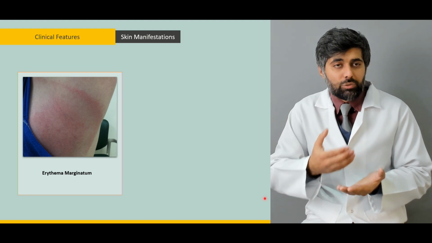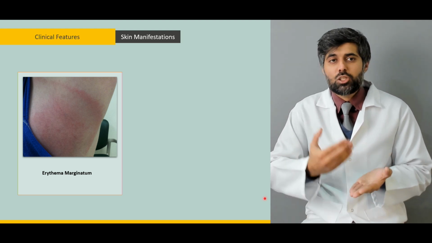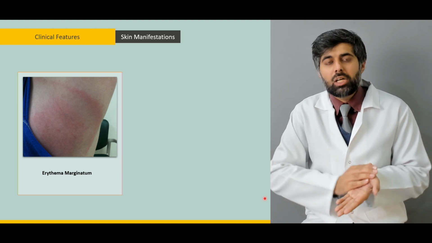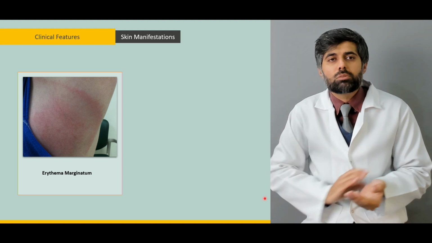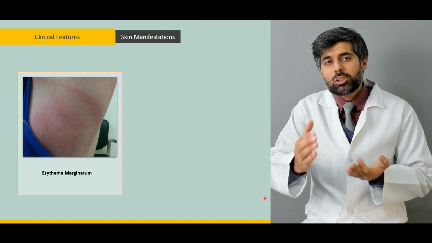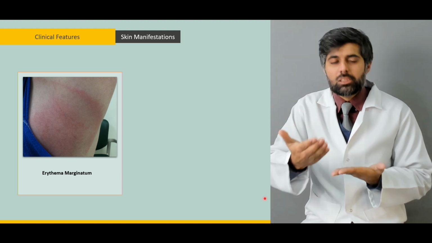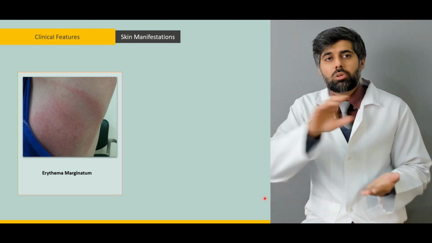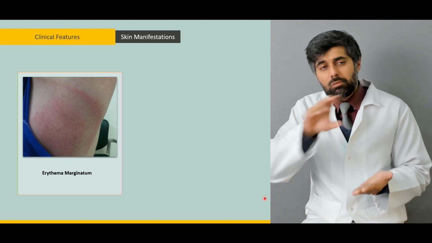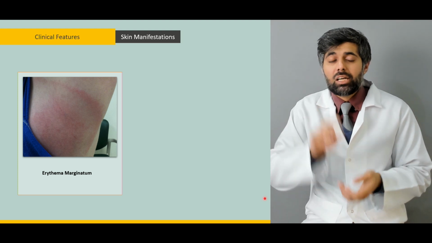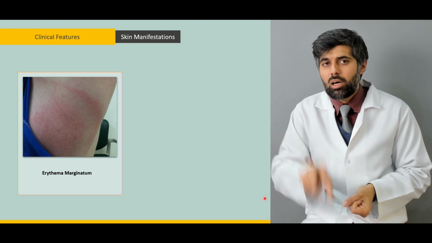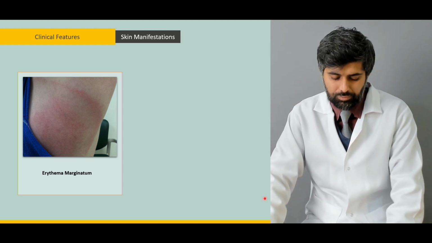Because of this nature, it is termed erythema marginatum. Instead of having a diffuse margin, the margin is both appearing and disappearing, and this is creating a margin around the rash. That margin is what is characteristic of the rash found in rheumatic heart disease.